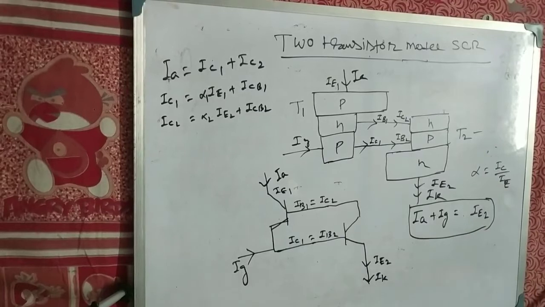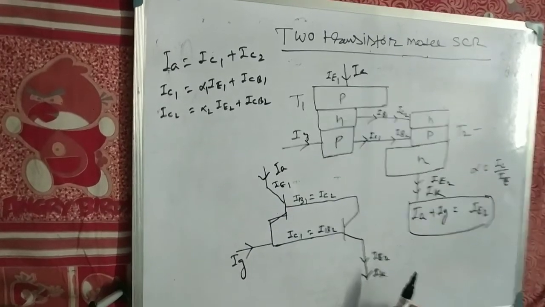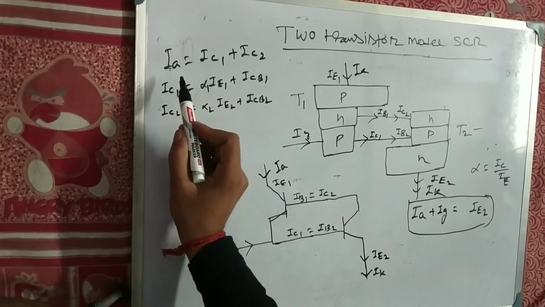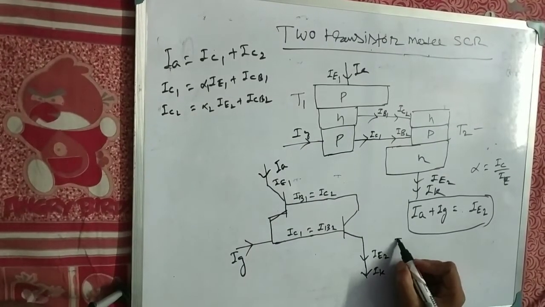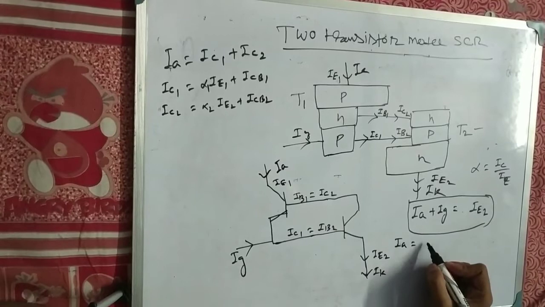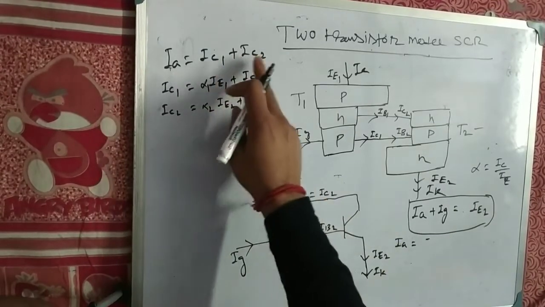Now from this I can write that IA equal to IC1 plus IC2.